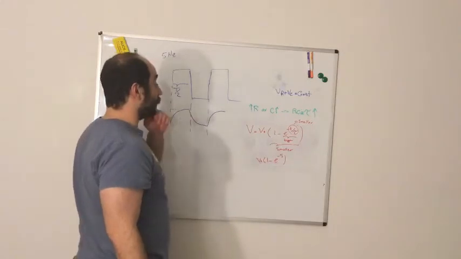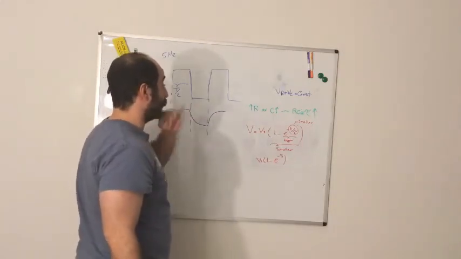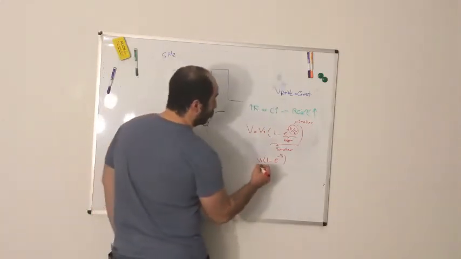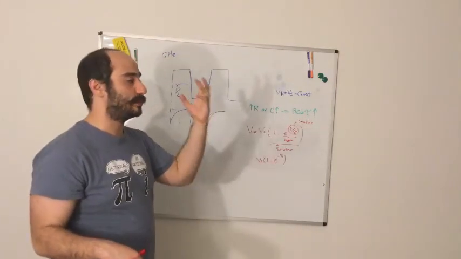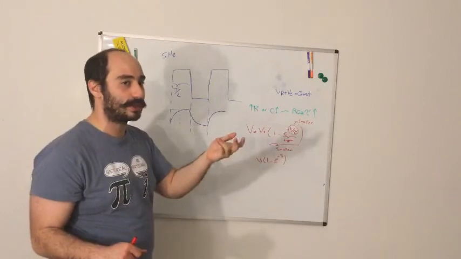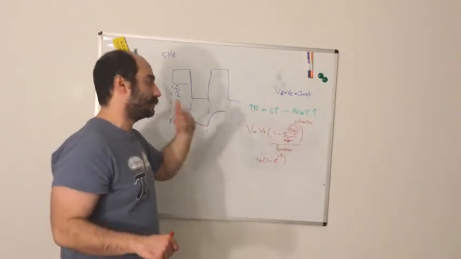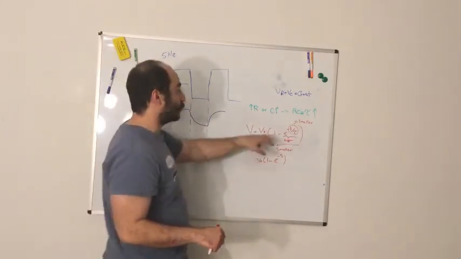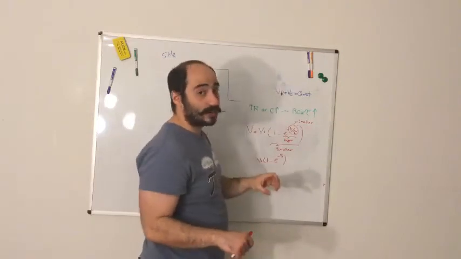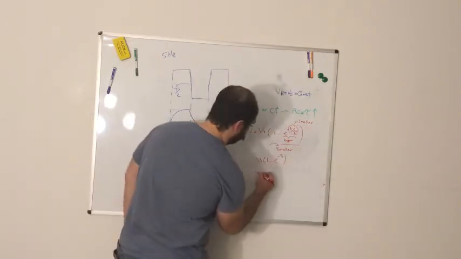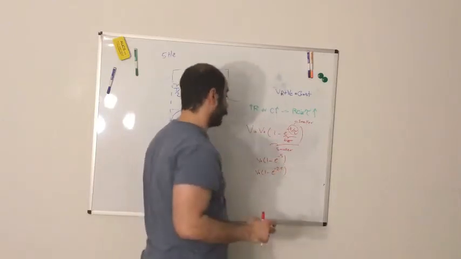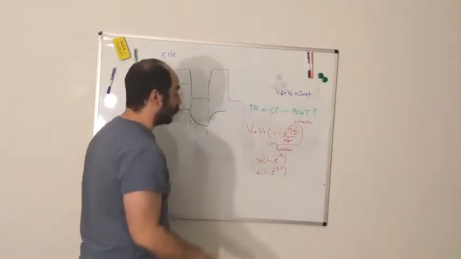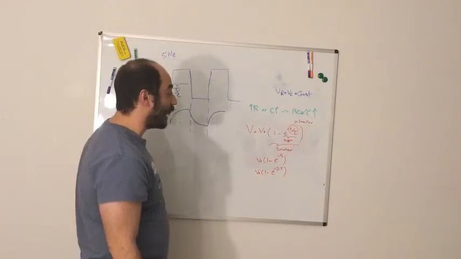Then we increase the tau, which means that we make the tau, for example, 2 times bigger. We made R or C 2 times bigger, and now the tau is twice what it was. So your t over tau is going to be half of what it was. So that's going to be 1 minus e to the minus 2.5.